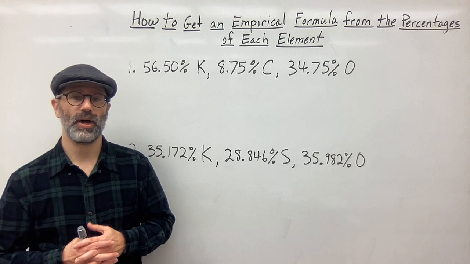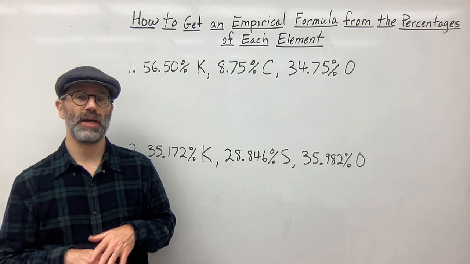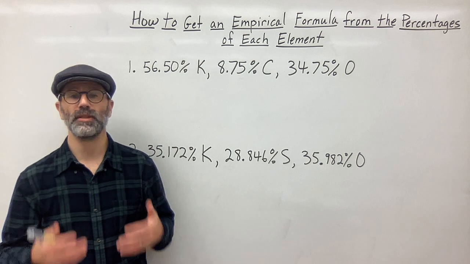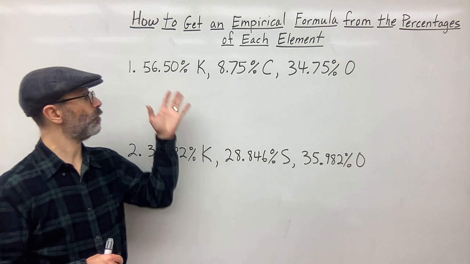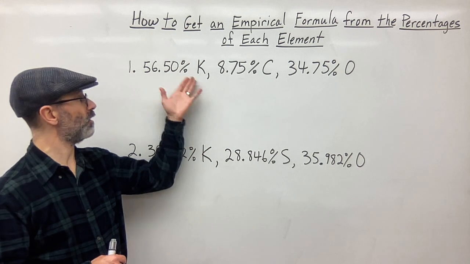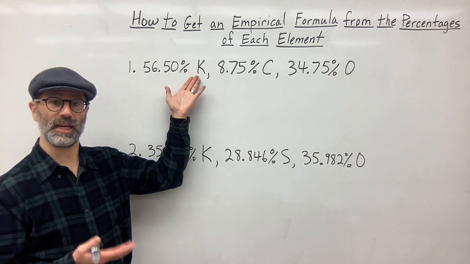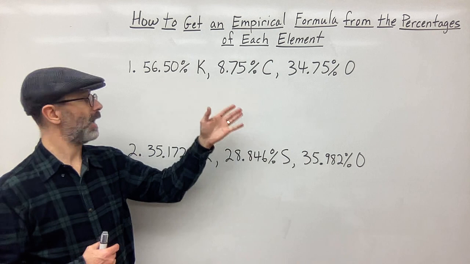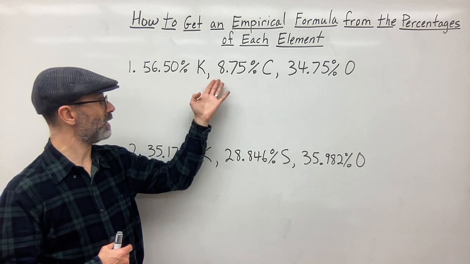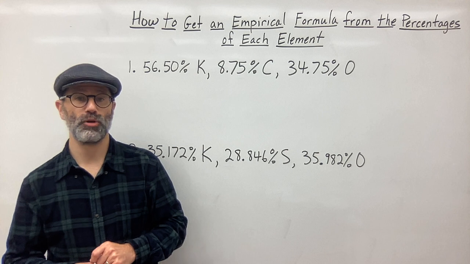The first thing you want to keep in mind, especially if you're given percentages, is to assume that you've got 100 grams of this substance, because these are percent by mass. So this is the amount of potassium in your substance, that's 56.50%, and the carbon is 8.75% of whatever mass of the compound you have.